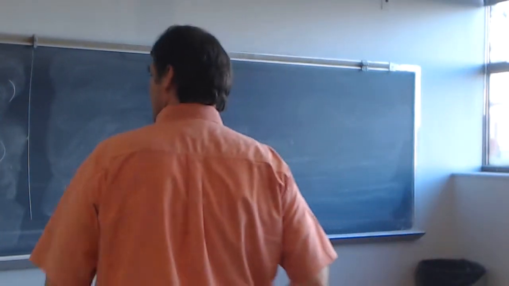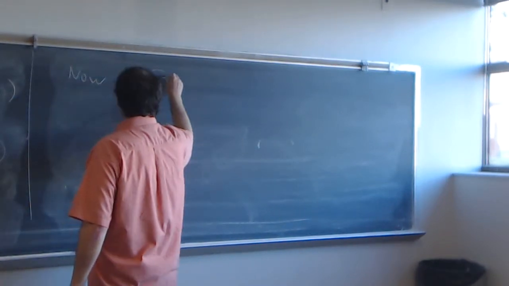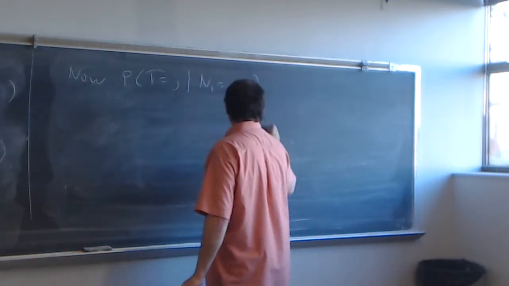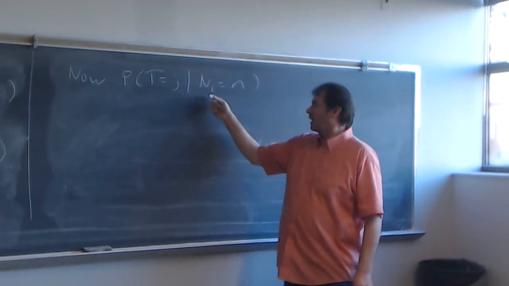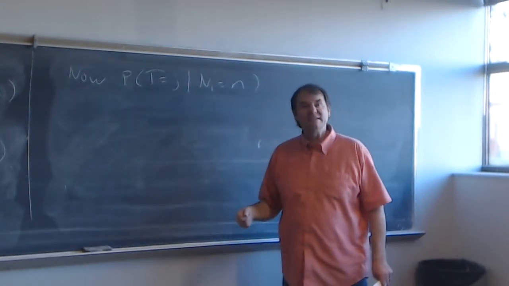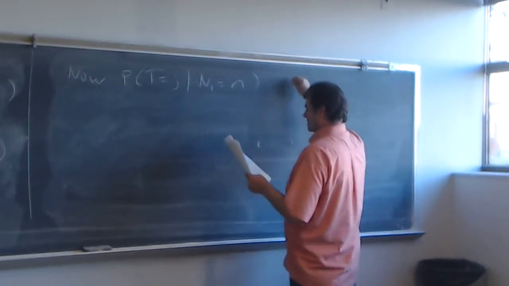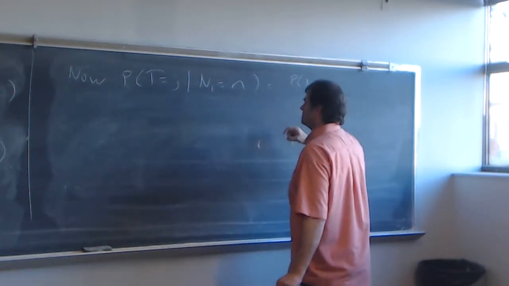Now, the probability that T is equal to J, given N sub 1 equals N. Okay, really, we'd like to flip these. And so we're going to use Bayes' theorem to do that. So by Bayes' theorem, it's equal to the probability of N sub 1 equaling N given T equal to J, times the probability that T equals J, all over.